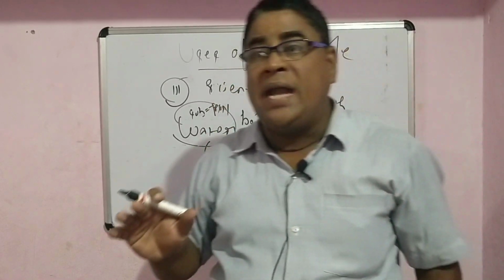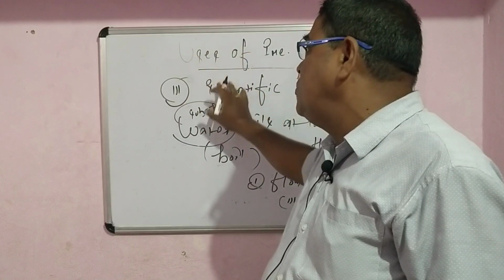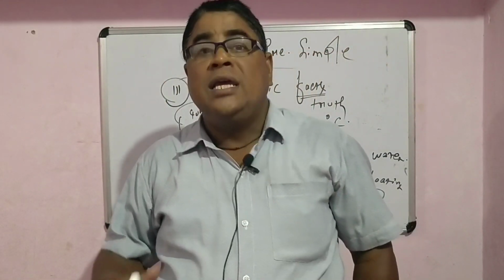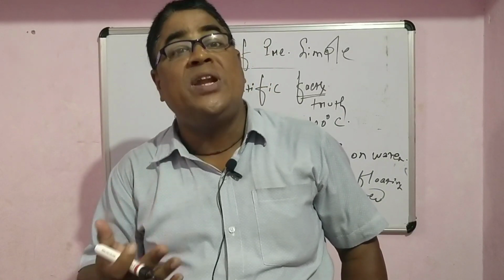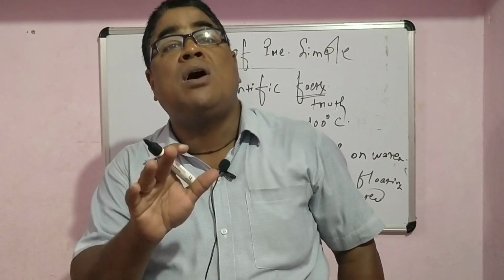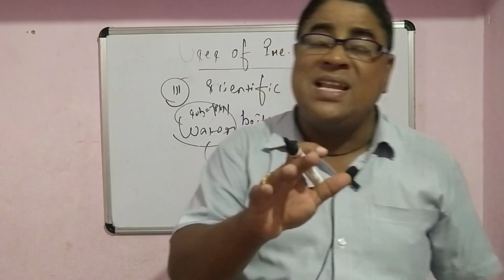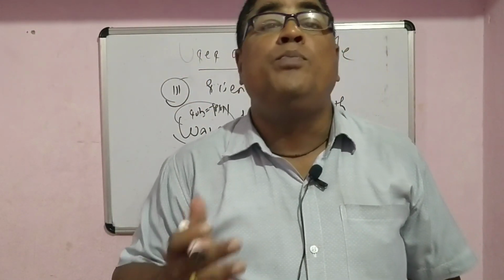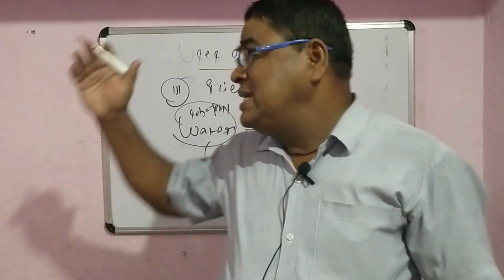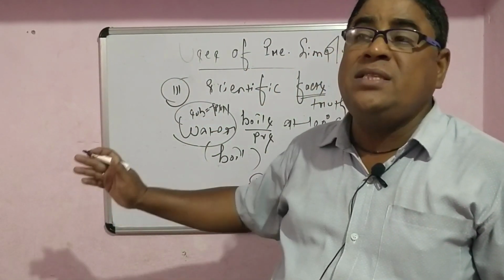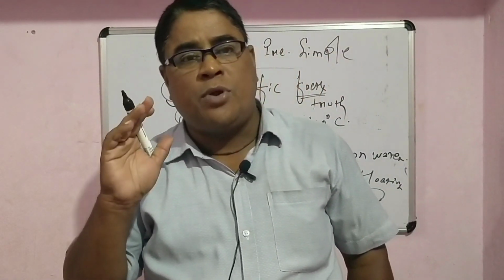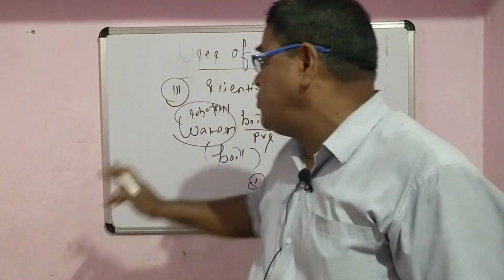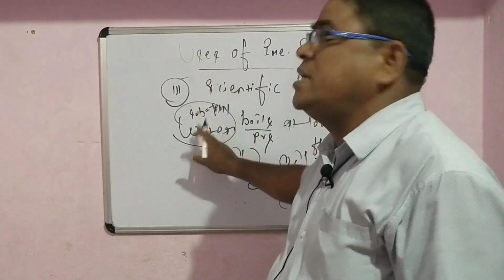I do hope that if you go into the details of the construction as well as the uses of the present simple, it will help you considerably in your preparation for English in the ensuing competitive examinations. In the next class, please wait for the entire completion of the present tense. That means present progressive, present perfect and present perfect progressive, apart from the remaining rules of the present simple.